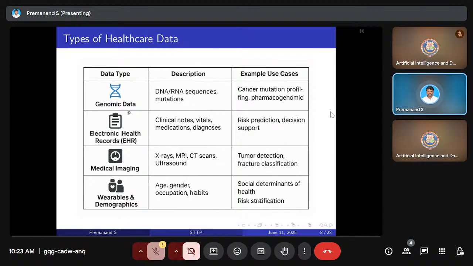But when we get into genomic data, the first problem is that it won't be easily available. To get genomic data, we need a high-end machine, and only from that will we get this kind of data. The second thing is that the memory of genomic data is huge, in TBs.